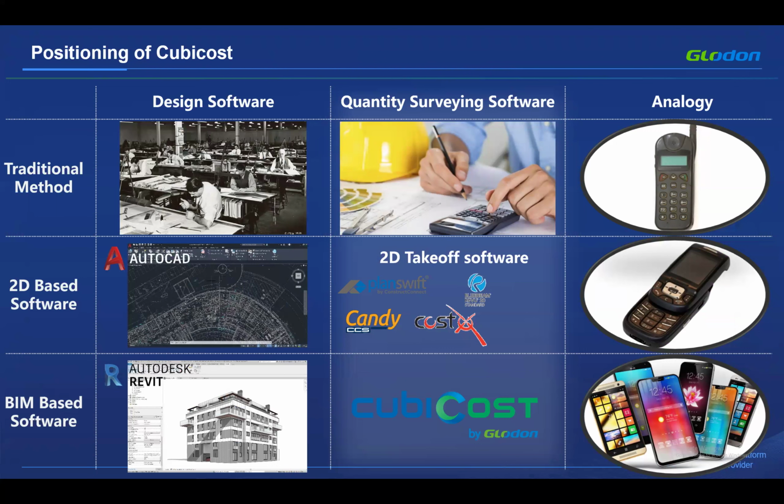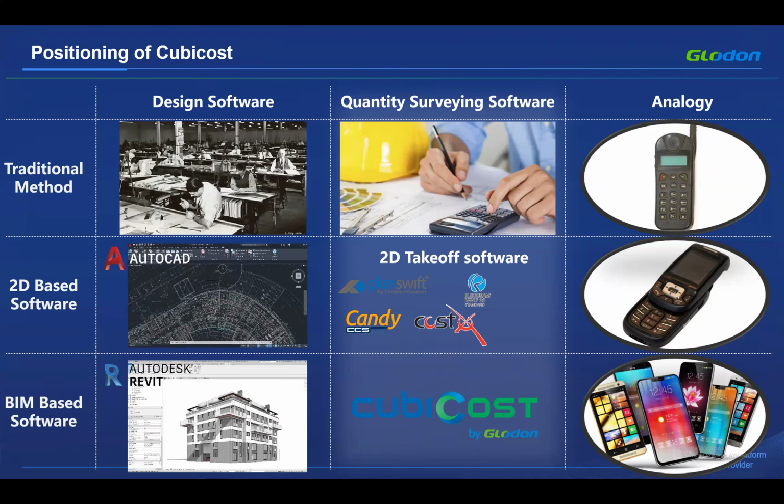20, 30 years back, we used 2D physical drawings for quantification. Okay, so it is very old and very inefficient. Then we adapted to AutoCAD and the 2D software, Costex, PlanSwift, Bluebeam. If you get PlanSwift software, 2006 PlanSwift is similar to 2024 PlanSwift. They haven't done anything for their software development.